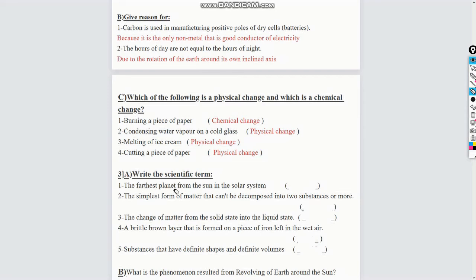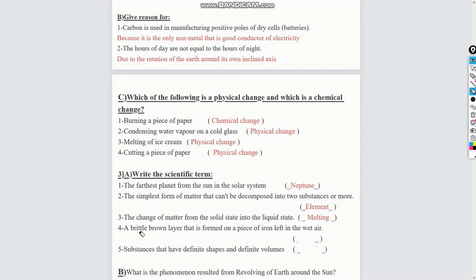Write the scientific term. The farthest planet from the Sun in the solar system is... You are correct, it's Neptune. The simplest form of matter that can't be decomposed into two substances or more. Yes, element. The change of matter from the solid state into the liquid state.